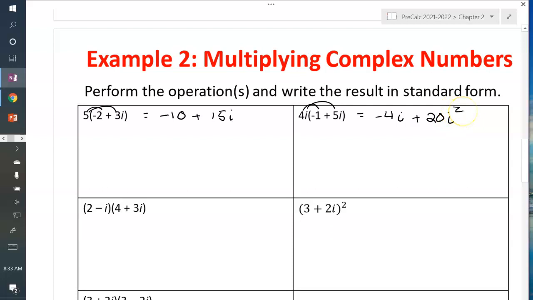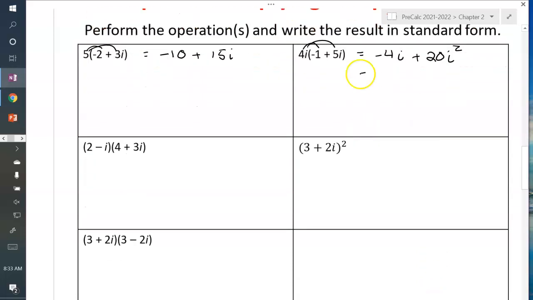20i squared. Now remember, I said that i is the square root of -1. So we have -4i plus 20 times the square root of -1 squared. Well, when I square a square root, those are inverse operations. They undo each other. So what I end up with is negative 4i plus 20 times negative 1.